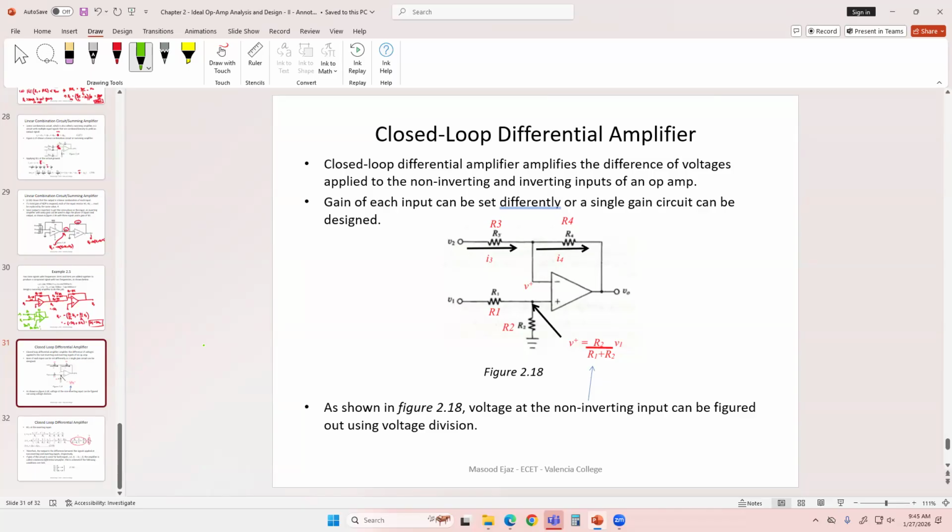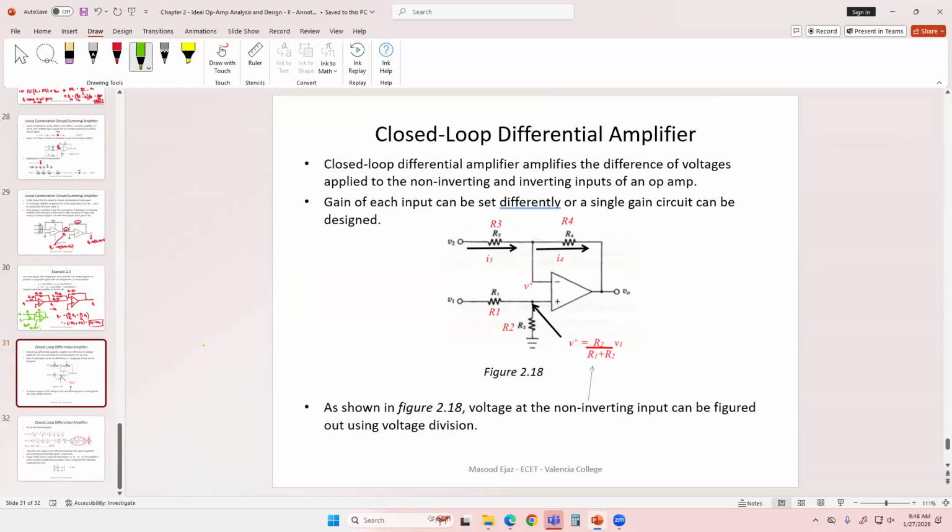The gain of each input can be set differently, or we can set one gain for the whole circuit. You can have output either A times (V1 minus V2) or Vout equal to A1 V1 minus A2 V2. Both outputs are possible.